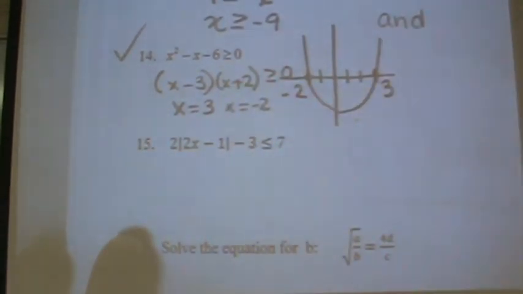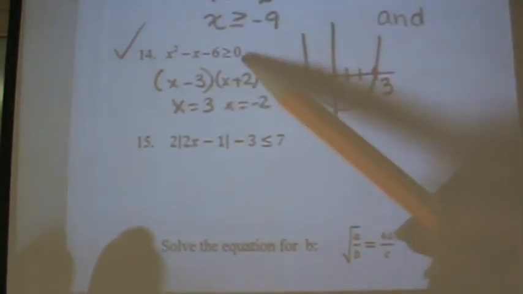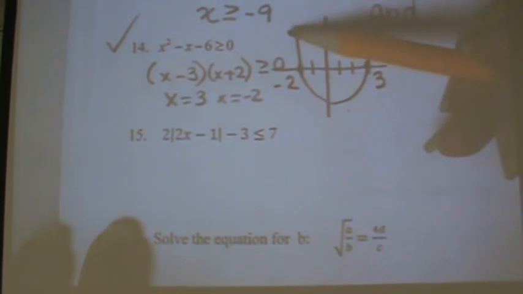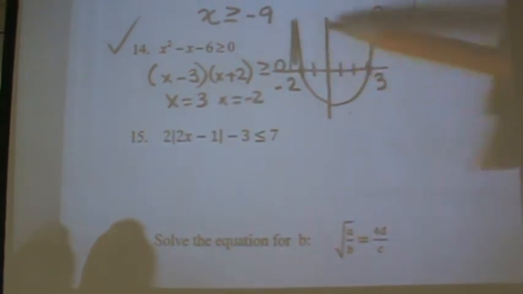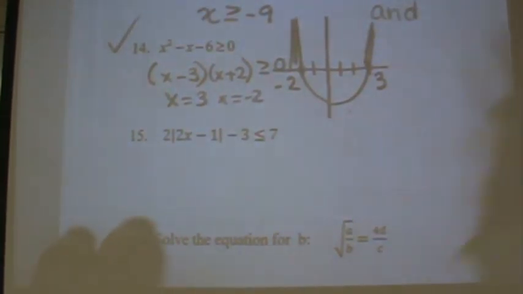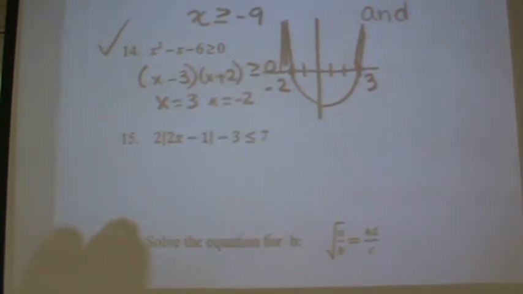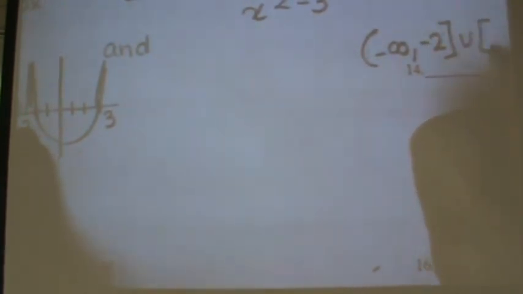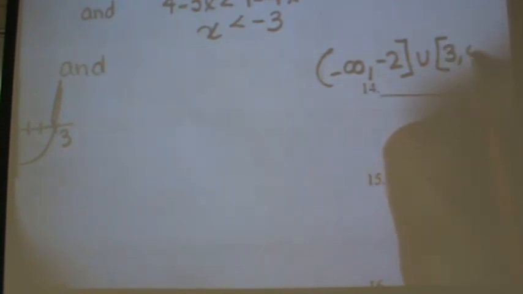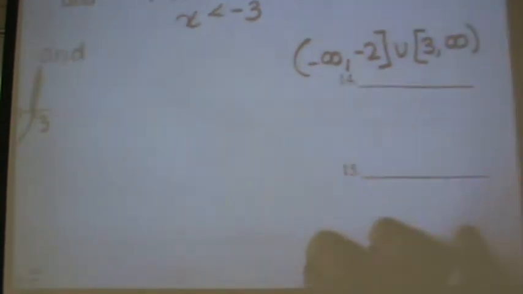Can you tell me the portion of this graph that's greater than 0? It's these. So the answer would be from negative infinity to negative 2 with a bracket, and 3 to positive infinity.